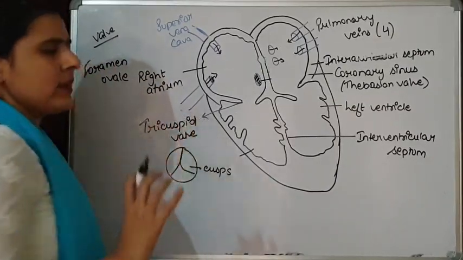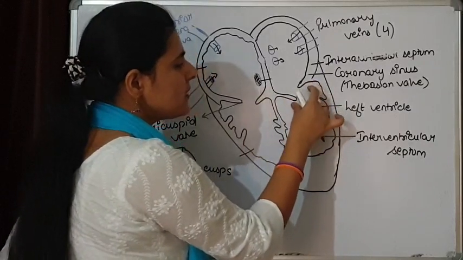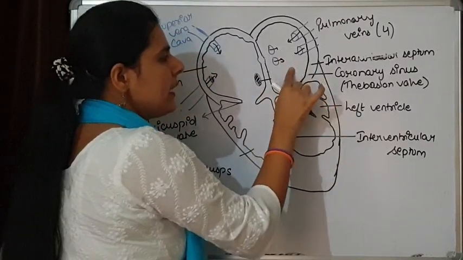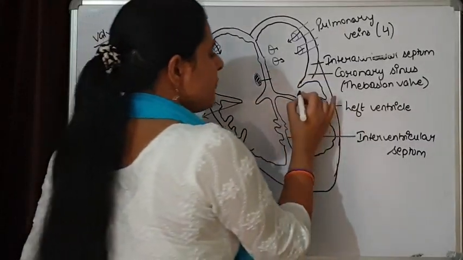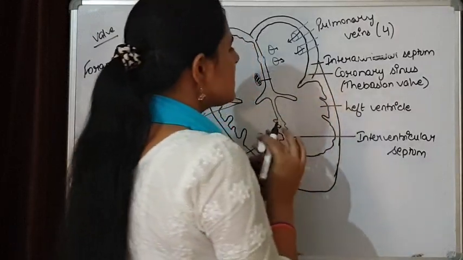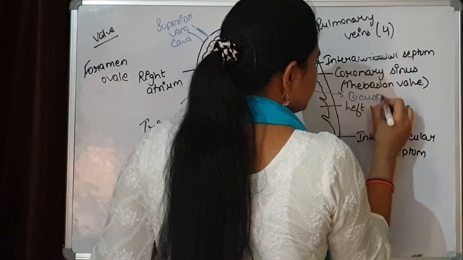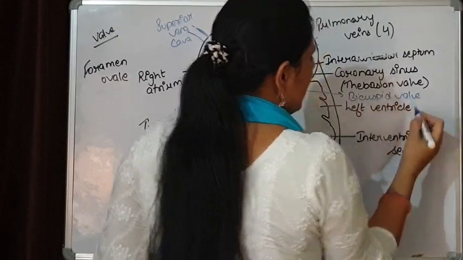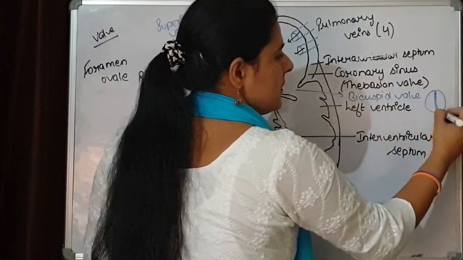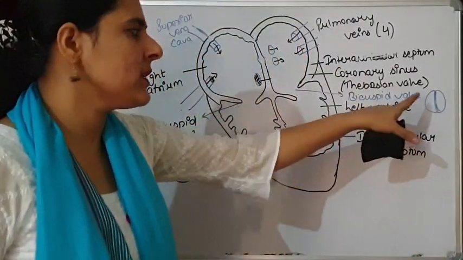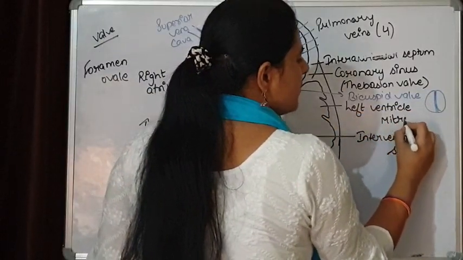That's why tricuspid valve. Just like that, there is a valve present over here also between the left atrium and left ventricle. This valve is known as the bicuspid valve, because here only two cusps are present. This bicuspid valve is also known as the mitral valve.